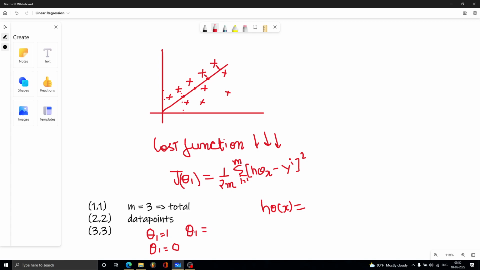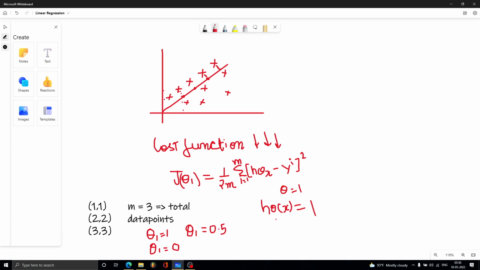Theta 1 is equal to, let's say, 0.5. These are my three values that I have chosen for now. With respect to these three values, what will be my h theta of x? For theta 1 equal to 1, h theta of x will be 1, because 1 multiplied by 1 is 1, and because we are drawing it in a 2D plane, our intercept will be 0.